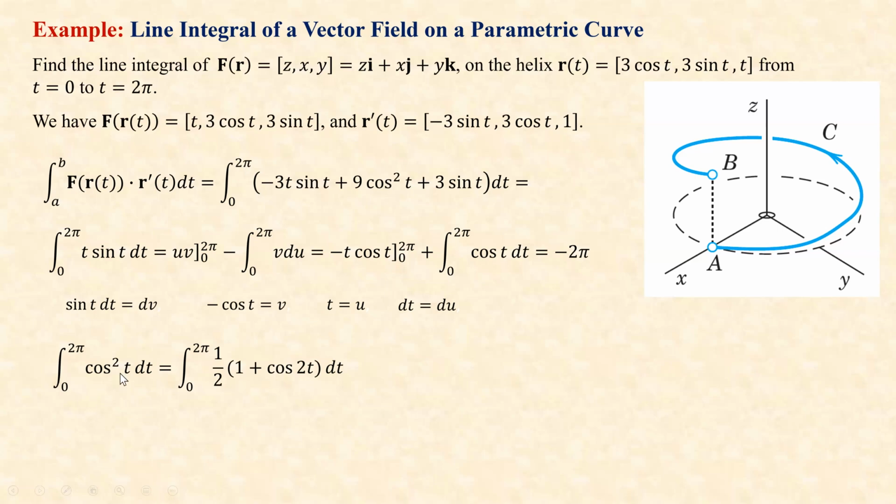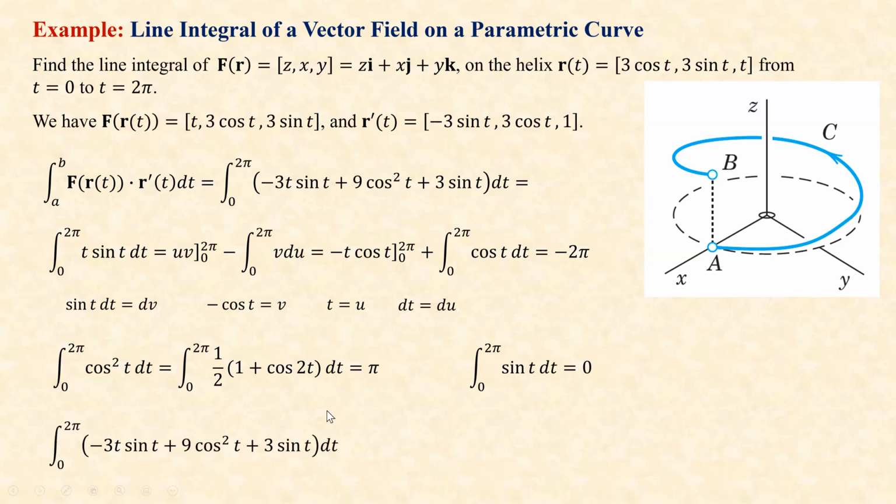The integral of cosine 2t becomes 0 in this case. So we have the integral of 1/2 dt. The integral of dt becomes 2 pi, times 1/2 becomes pi. And then what is the integral of sine t dt? The integral of sine is periodic again with a period of 2 pi, so it becomes 0, right?